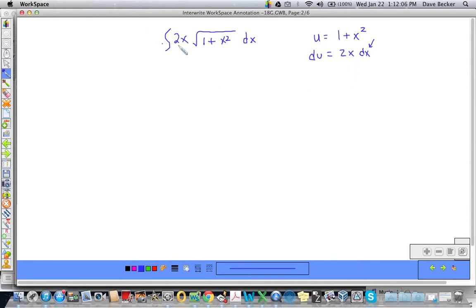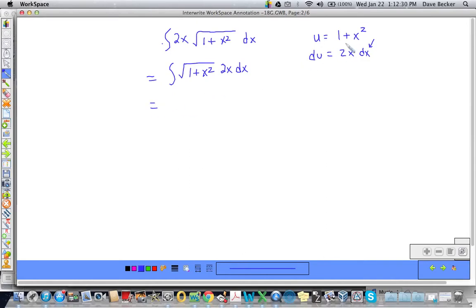Now, I'm going to rewrite this real quick. This is multiplication here, so I'm going to rewrite this as the square root of 1 plus x squared times 2x dx. I just changed the order of multiplication.